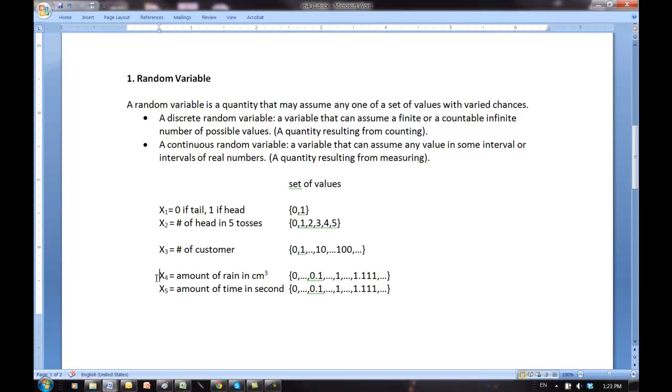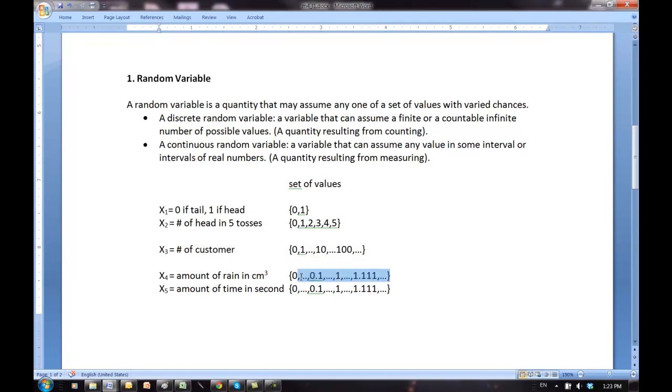Now let's take a look at x4, the amount of rain measured in cubic centimeters. It's easy to see that the possible number of different values in this set will also be infinity.